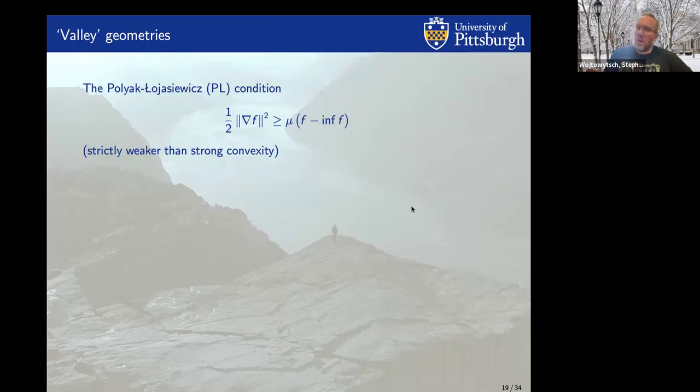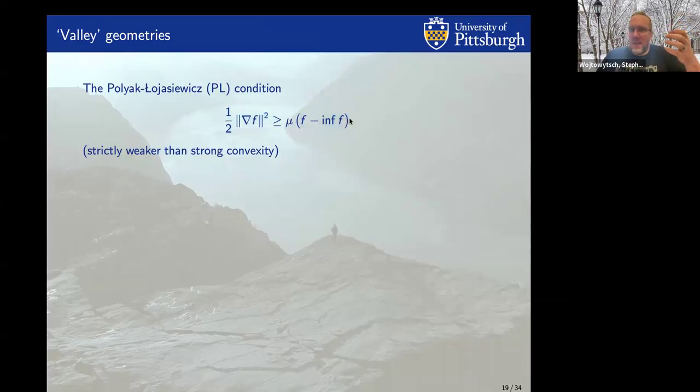Now, one of the other ways to say, well, my objective function is nice, it doesn't have any strict local minimizers, for example, is the PL condition, which says that the slope is bounded in terms of the height.